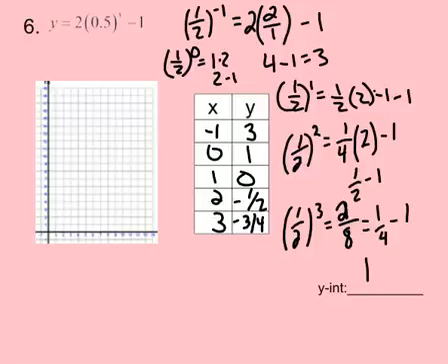Now, -1, 3 is here, 0, 1 is here, 1, 0 is here, 2, -1/2 is here, 3, -3/4 is here. So now it's just this little curve here. Now notice, it's under 0 already. Well, that means to me that you have to have subtracted by at least 1 to keep it above this 1.